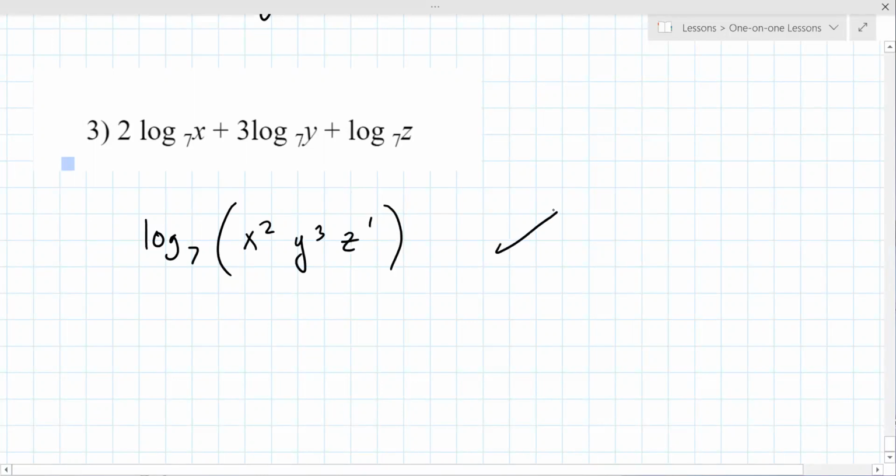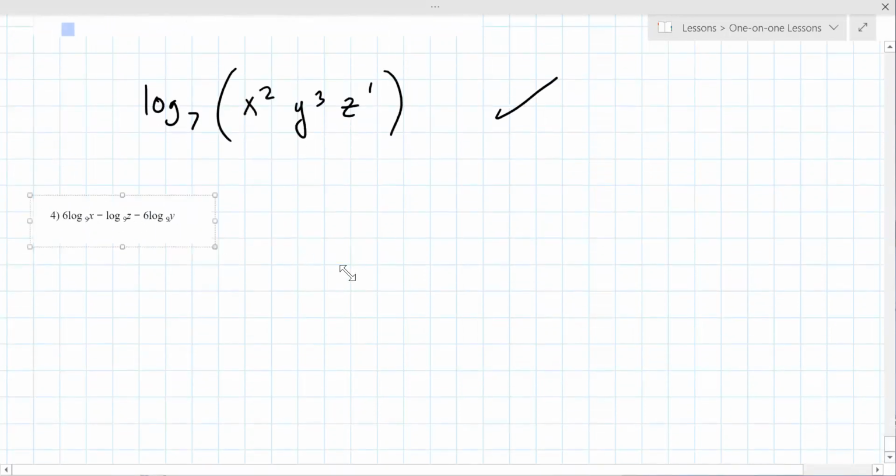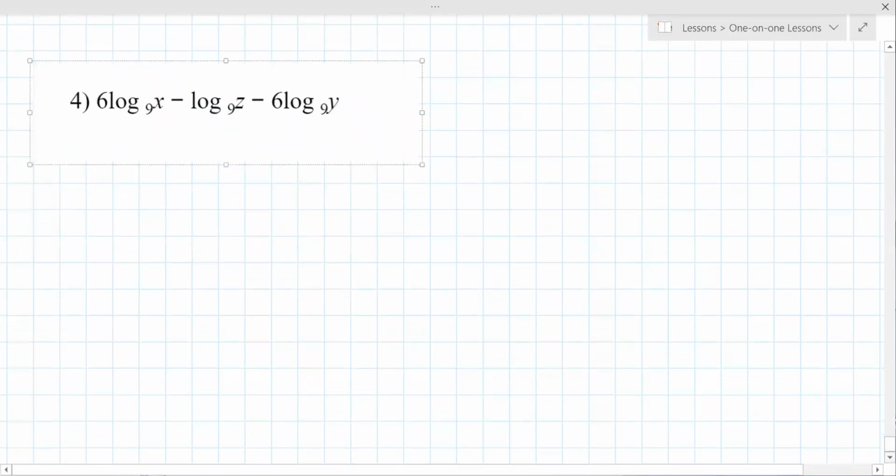Yep. Great. Four's got a little wrinkle to it. We'll work it out together. It's probably the one you'd see on a test or quiz because it's got the opportunity for confusion, and somehow instructors like that.